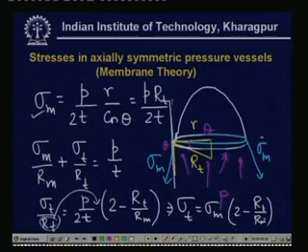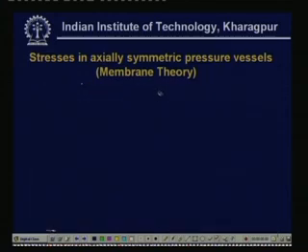Therefore, r m is infinite for cylindrical vessels, and what we get is sigma t equal to twice sigma m, that is the tangential stress, which in the cylindrical pressure vessel was called the hoop stress, equal to double that of sigma m. So, this is the general formula and we have verified that at least with our known theory.